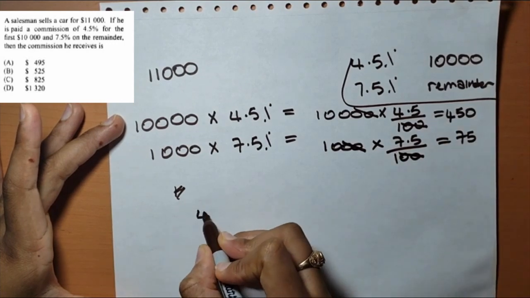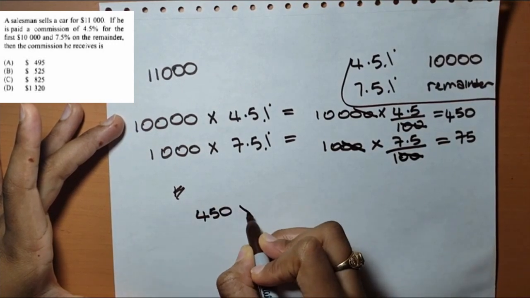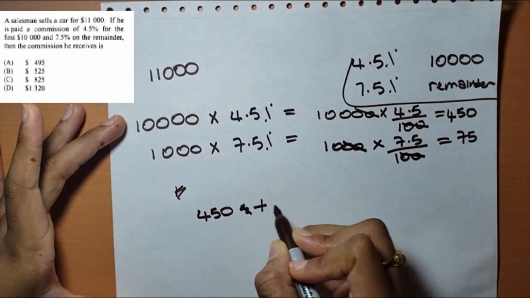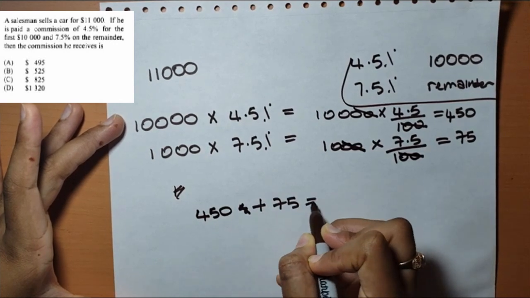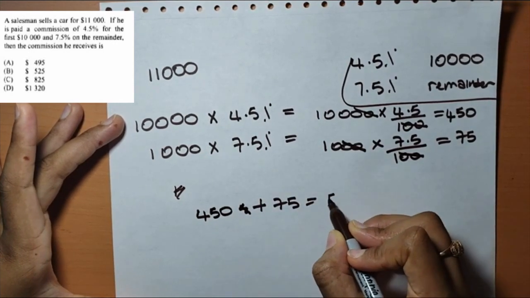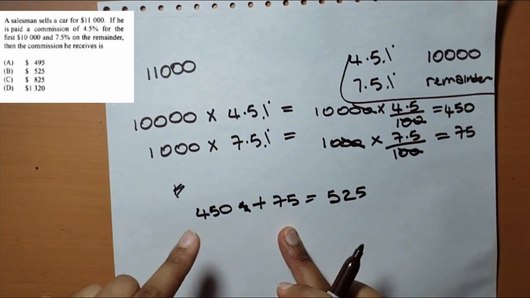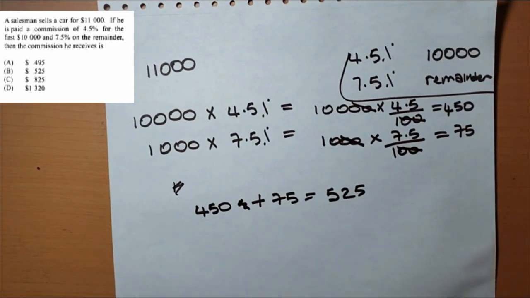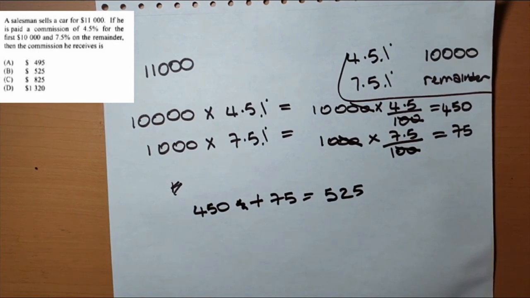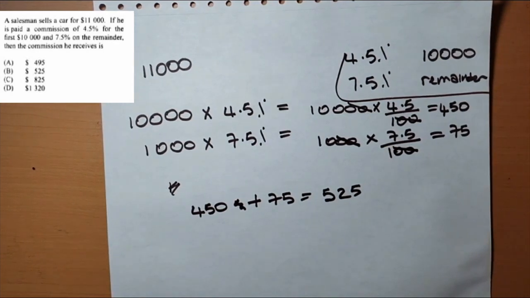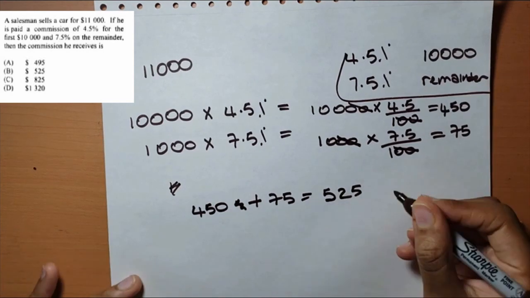So the answer is 450 plus 75, and that is 525. So you can take 50 from this, add on to that, that would be 500 plus 25. However you choose to add, everyone does it in a different way, but find creative ways to work without your calculator. And that's B.